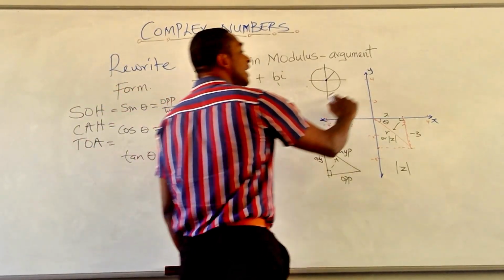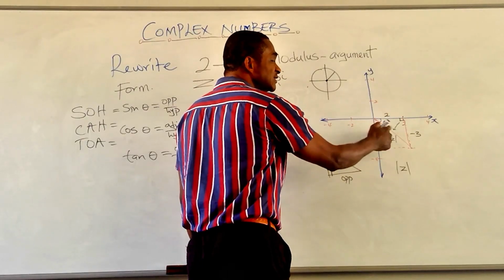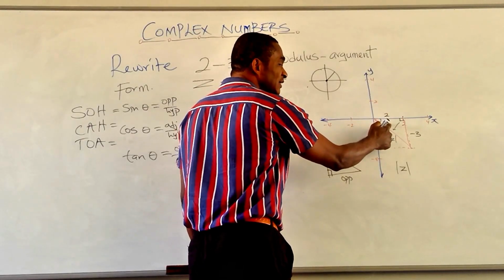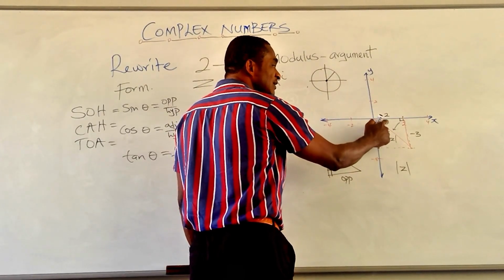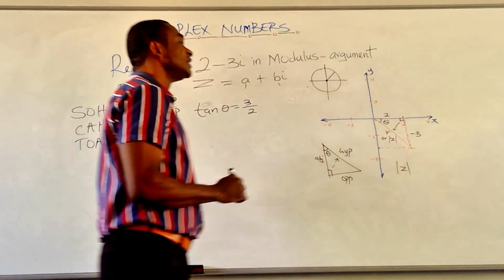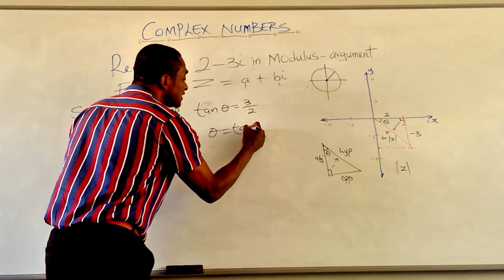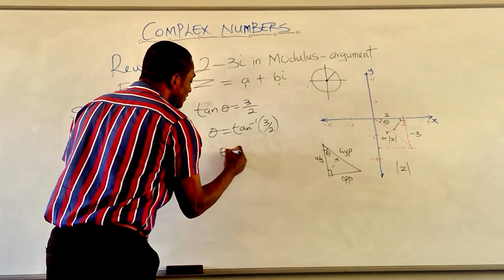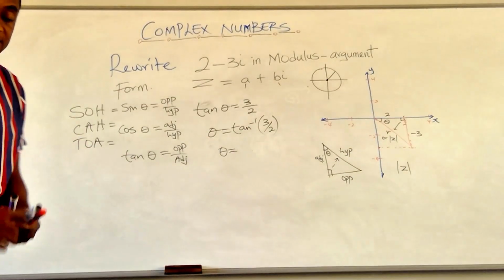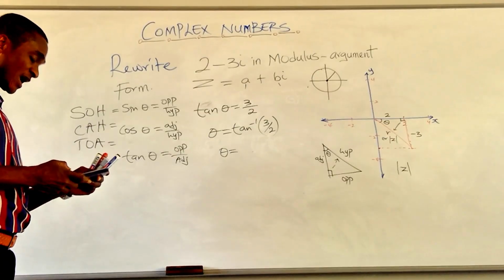So if this whole angle is 360, then the theta here will be 360 minus the angle that is left. So we have our theta then will be the inverse function of tan of 3 over 2. So 3 over 2 is 1.5.